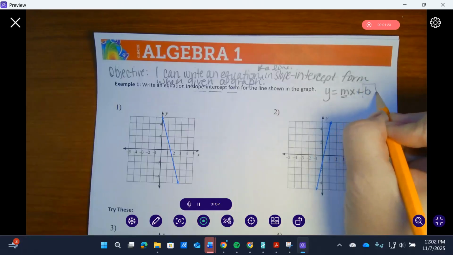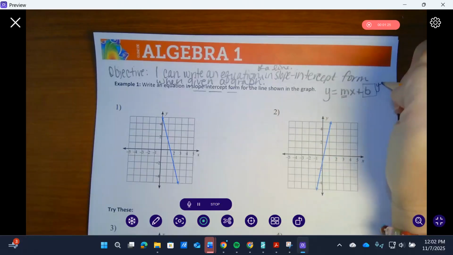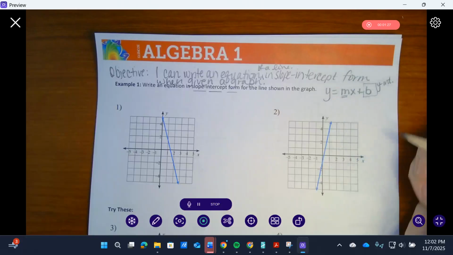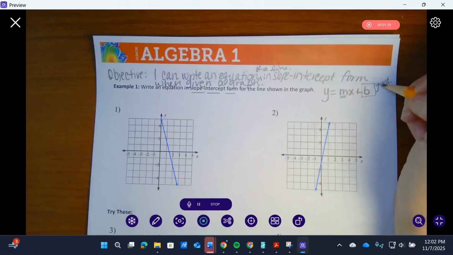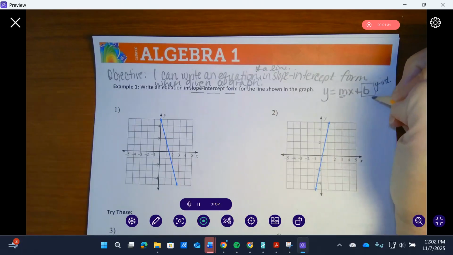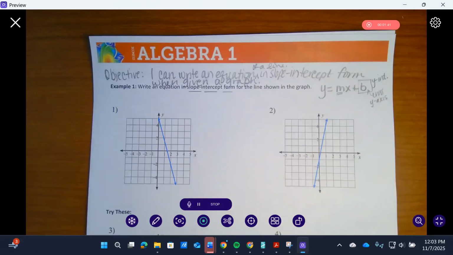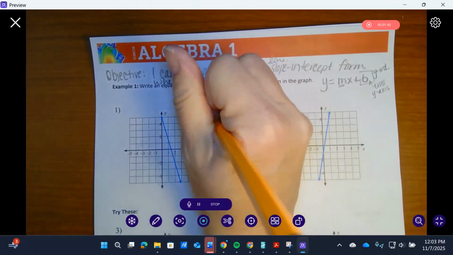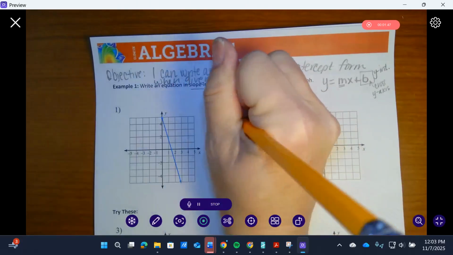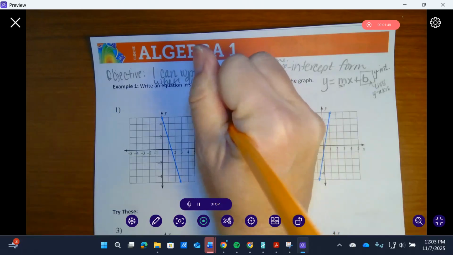And what's the intercept, the y-intercept more specifically? That's where we cross the y-axis. We're crossing the y-axis at this number. So if I want to write an equation in slope-intercept form, I know that I'm going to be in this general form here.